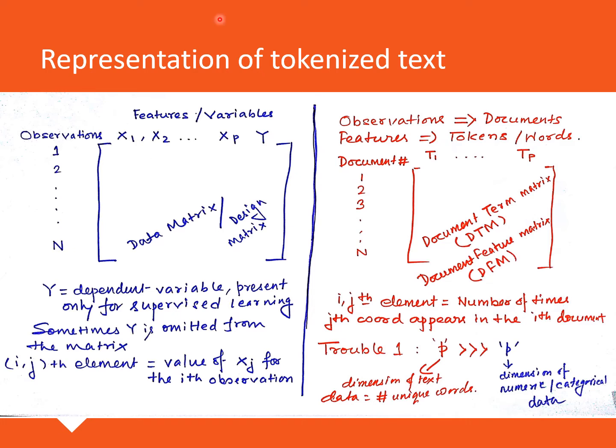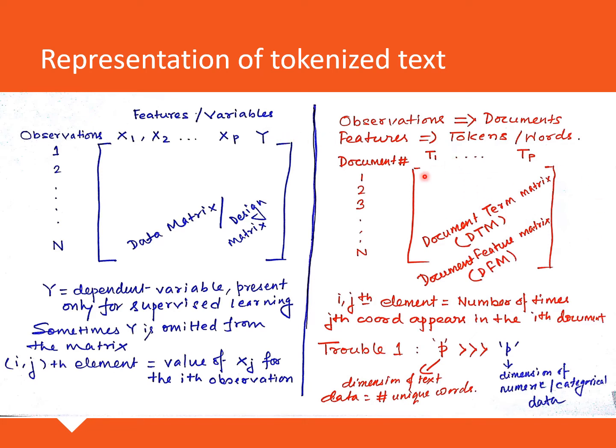There, every row is an observation, whereas for text data, every row is a document, which is equivalent to an observation. It can be a single sentence or a collection of sentences. Again, on the left hand side, every column is a variable, and we might have a dependent variable as well, depending on the case.